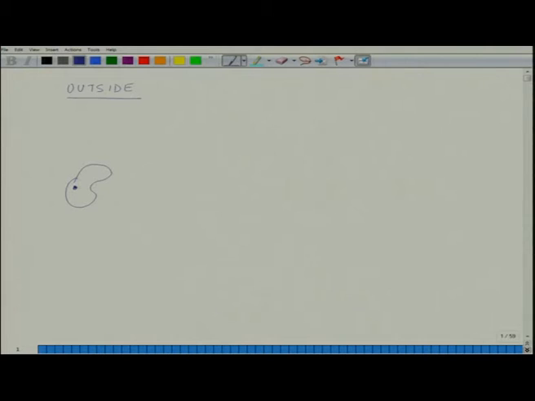And we are at a distance r away from it. This is where we are located, and we are interested in finding the value of sound pressure level at this point P, which is at a distance r from the noise source.